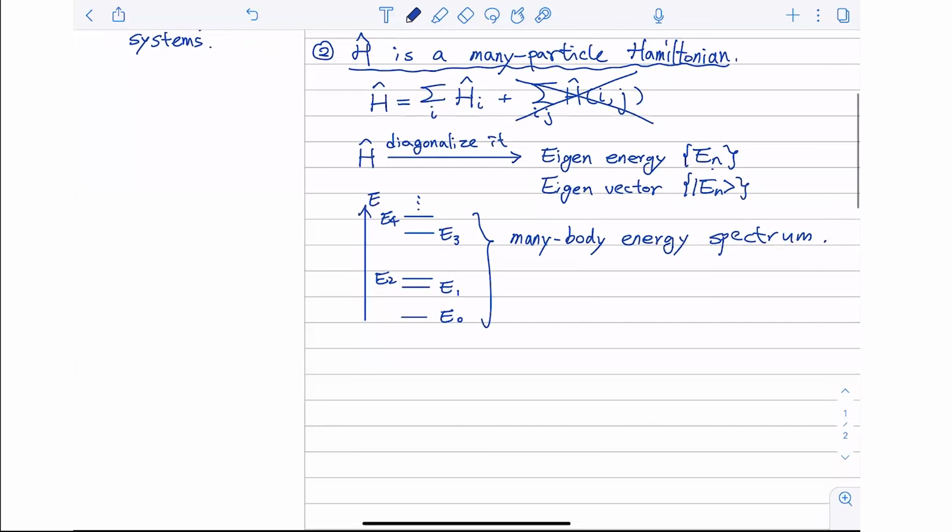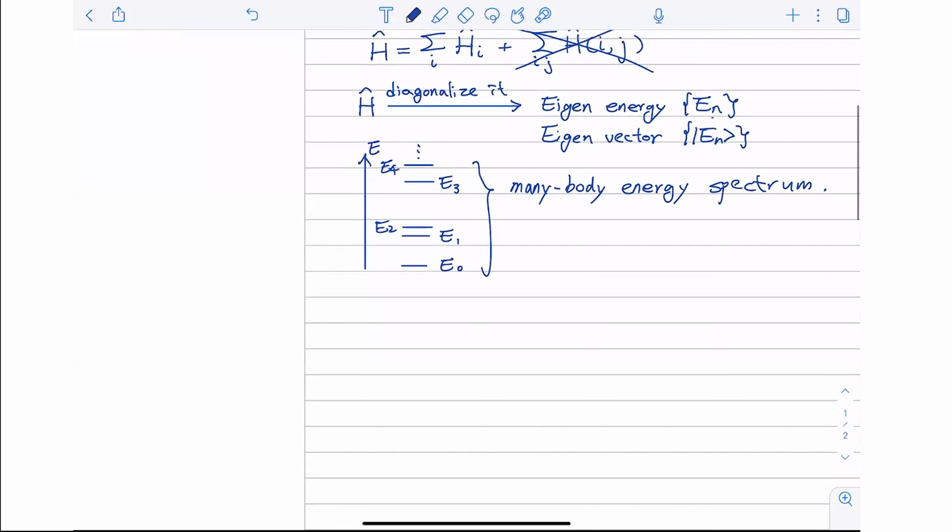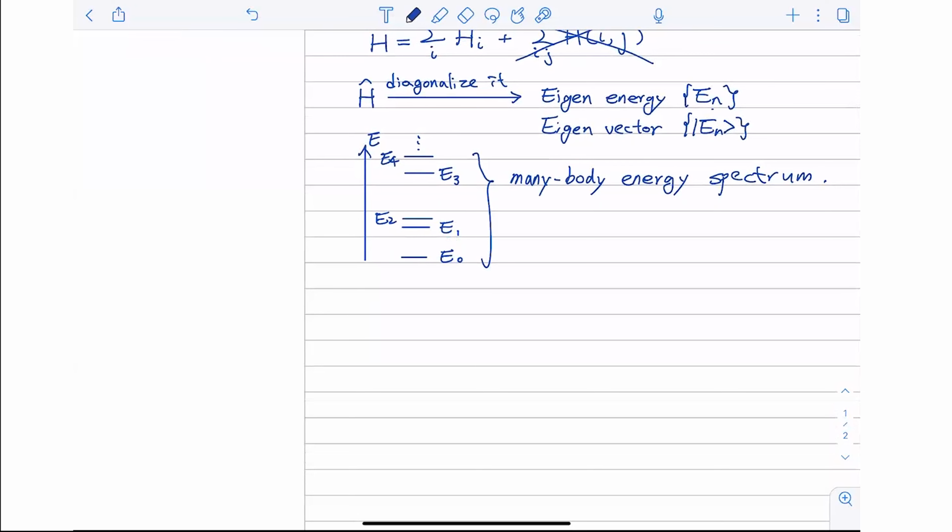Okay. So each one of them corresponds to a specific eigenenergy of the many body system. And this eigenenergy is actually the total energy of that system for the corresponding eigenvector. Okay.